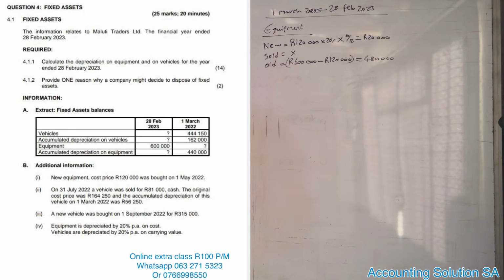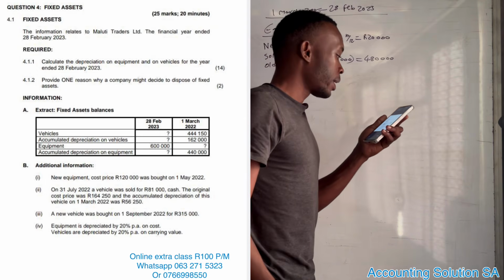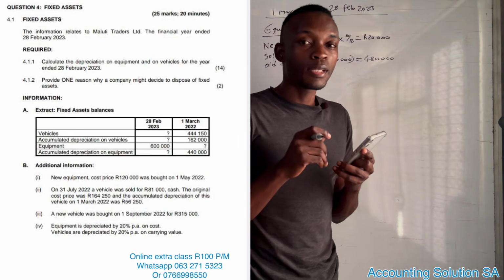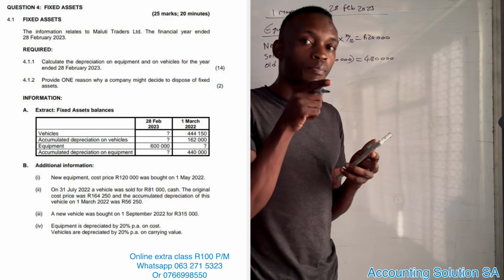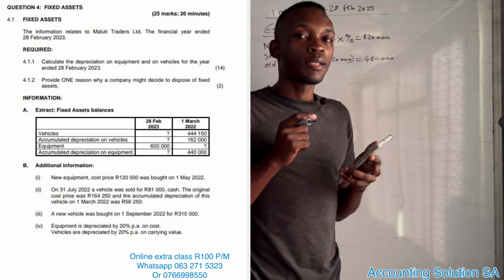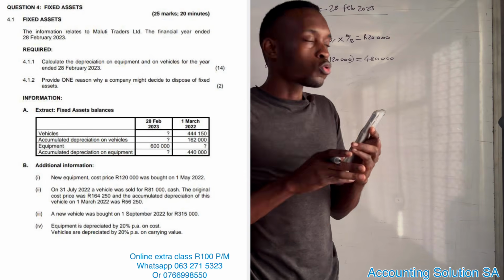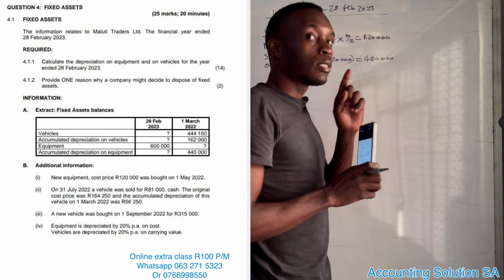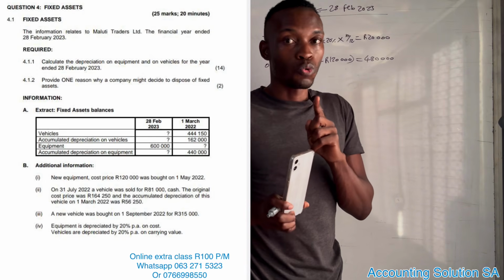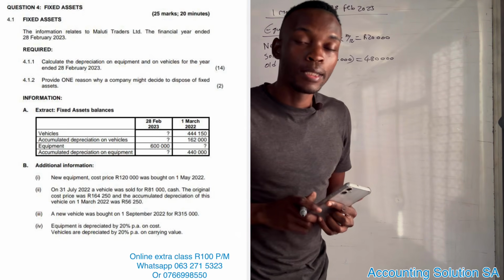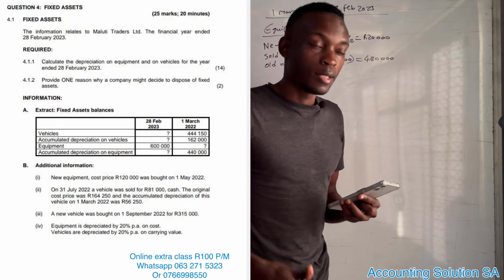Now, remember, guys, our accumulated is 440. You always have to, when you calculate depreciation, guys, you must check accumulated. If the accumulated is becoming closer to the cost price, just know that you are going to use the 1 rand rule. Why? Because the depreciation when you calculate is going to exceed the accumulated.